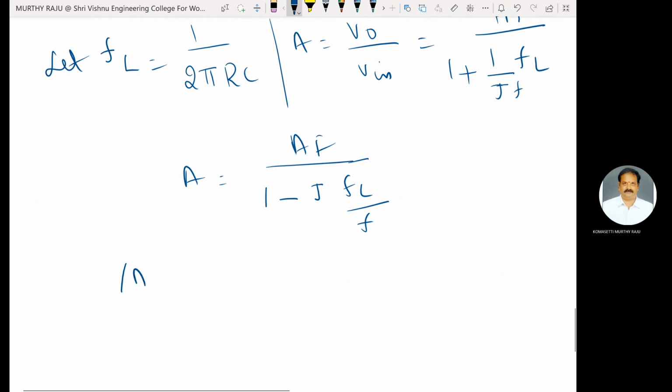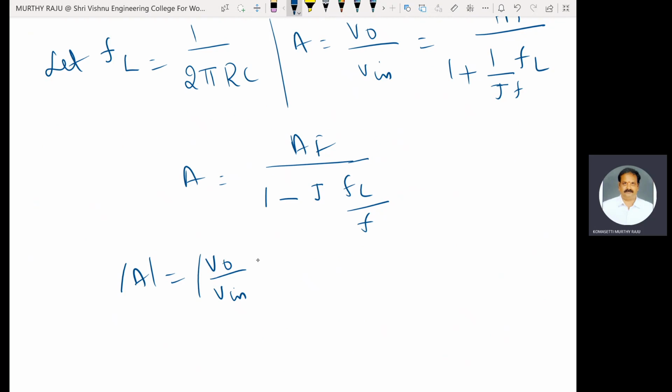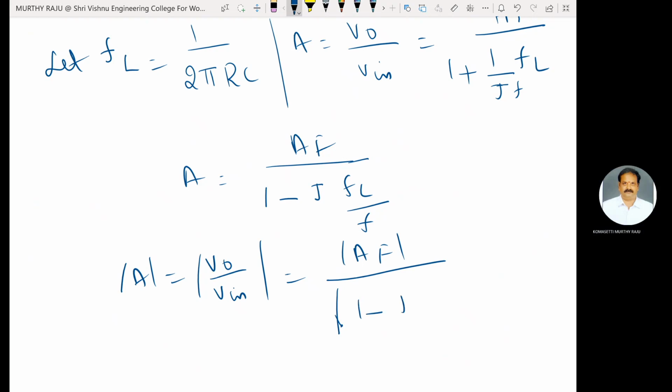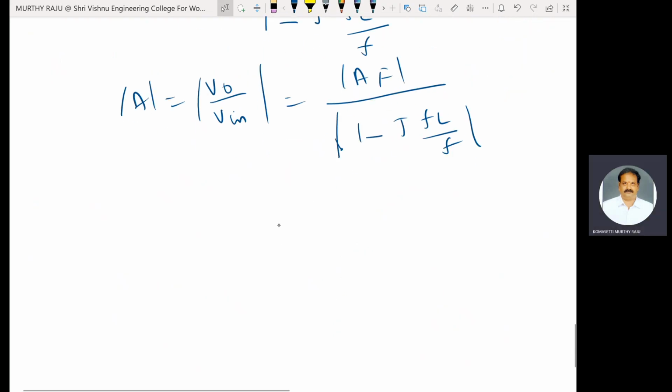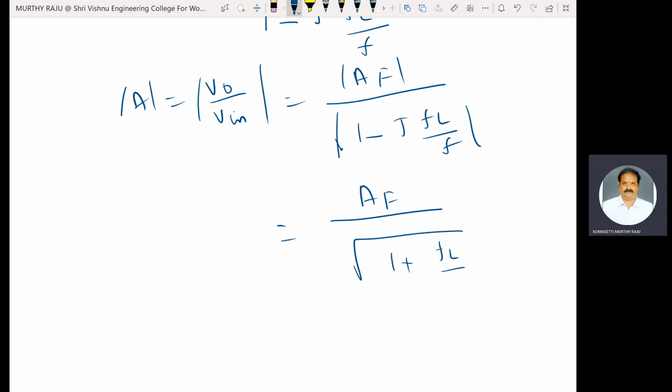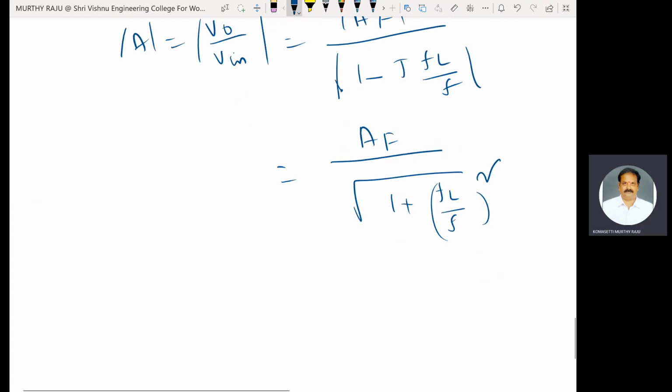Mod A is equal to mod V0 by Vin, which is equal to mod AF by mod (1 minus j FL by F), that is AF by square root of 1 plus (FL by F) whole square. Here three conditions are there.